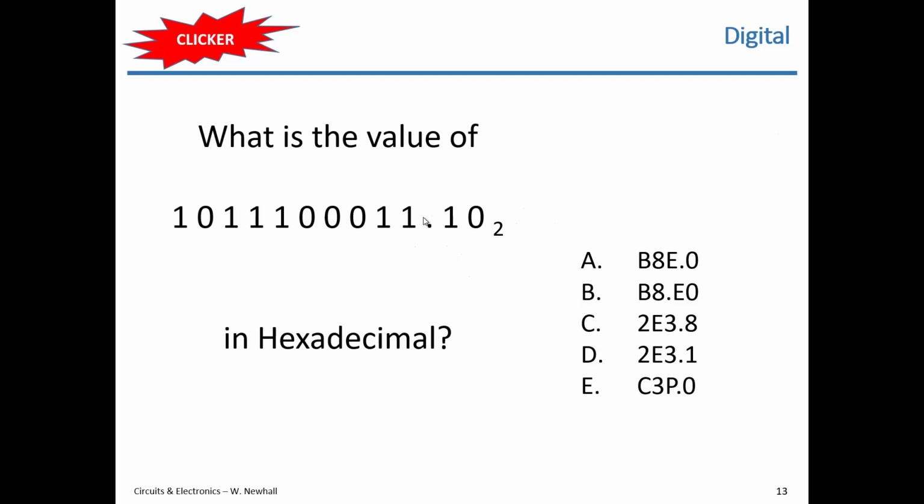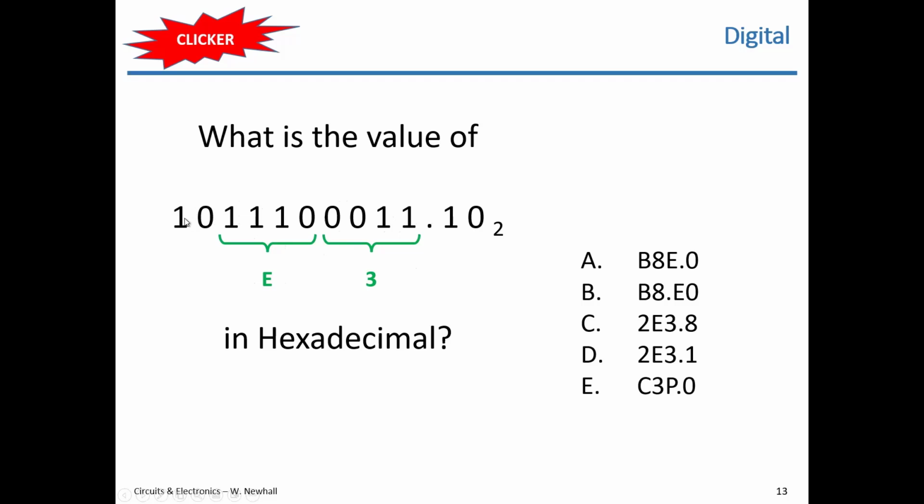I like to first convert into a decimal number and then convert that decimal number into a hex digit. So starting at the radix point, if I go left and pick a group of 4 bits, that would be a 3 in decimal, right? 1 plus 2 is 3. If I move to the left one, that is a 14. So this would be 2 plus 4 plus 8 in decimal. That converts to an E, echo, in hexadecimal.